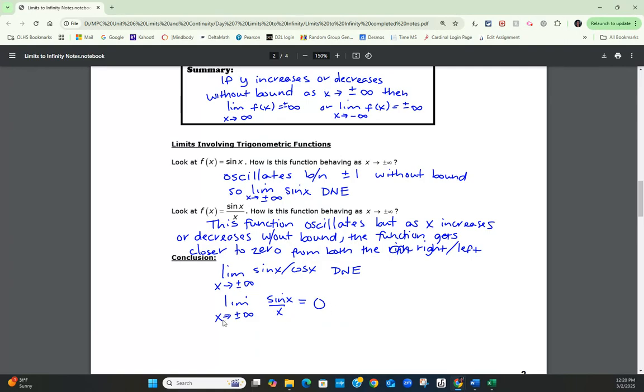So the limit as x approaches either positive infinity or negative infinity of that same sine x over x function is 0. If it's an end behavior limit to infinity of either sine x or cosine x, that limit does not exist. Whereas if x is approaching some finite value, there will be a limit.